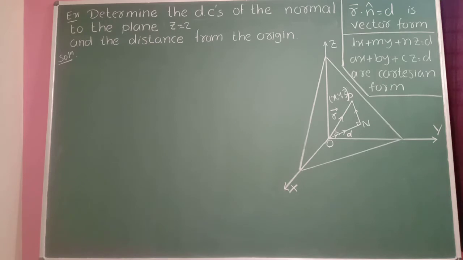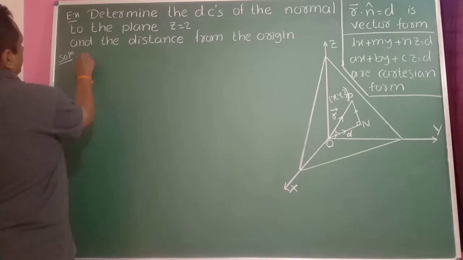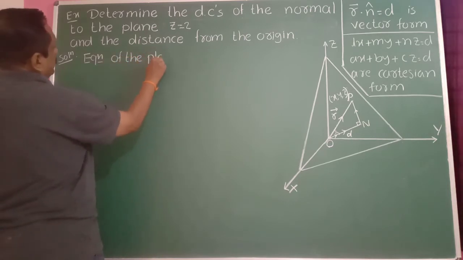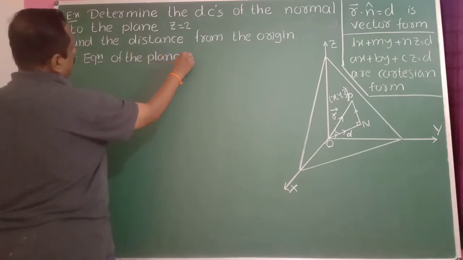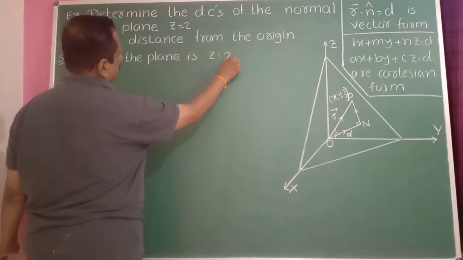Determine the direction cosines of the normal to the plane z equal to 2, and also find the distance from the origin. Therefore, the equation of the plane is z equal to 2.